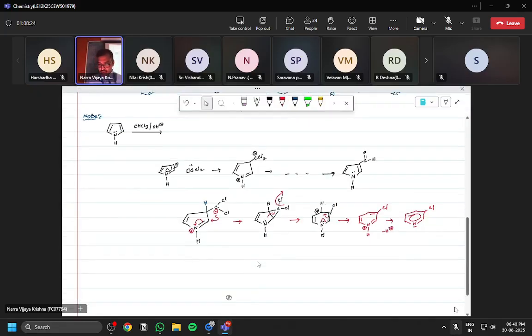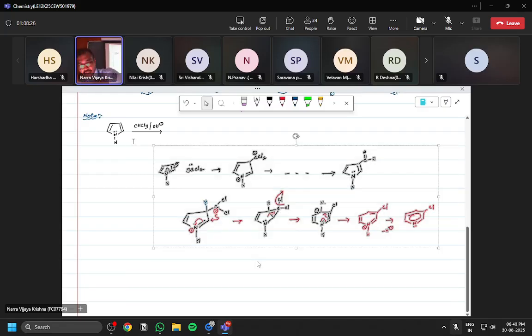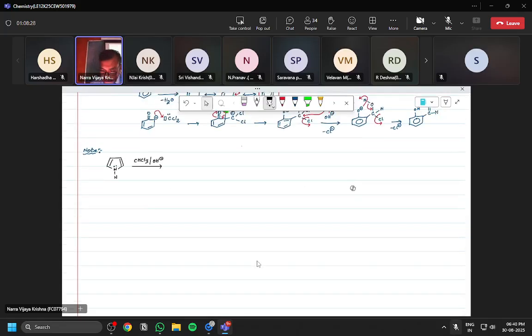So this is one important reaction. I don't want all this nonsense, so I am writing directly. I may get an aldehyde group here, plus you may get an aldehyde group here, plus you will get a 6-membered ring, pyridine having chlorine here.